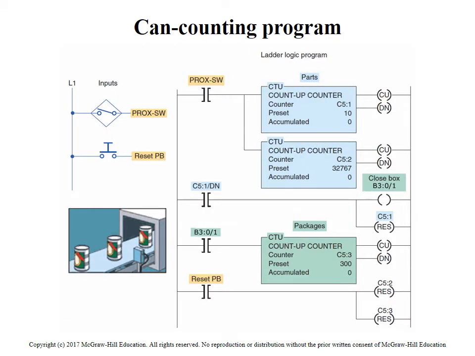So here's an application where they're counting some cans. They've got a proximity switch, something of this nature, and a reset push button. So you come in here, you're counting up, and as you continue counting, it's like they're storing it in 2 separate locations.